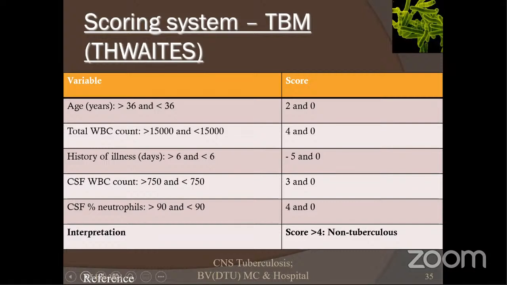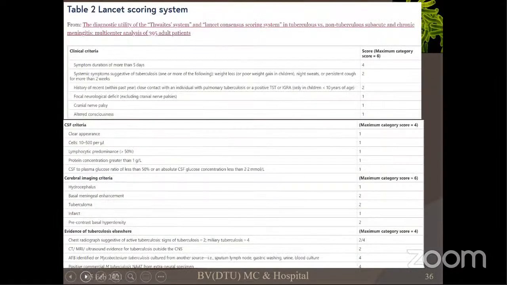So some type of approach is always better for us, instead of just saying that CSF has shown this and that's why it is tubercular meningitis. Now there's another scoring system, that is the Lancet scoring system, which has combined both the systems earlier, that is clinical criteria, CSF criteria, imaging criteria, and evidence of tuberculosis elsewhere.